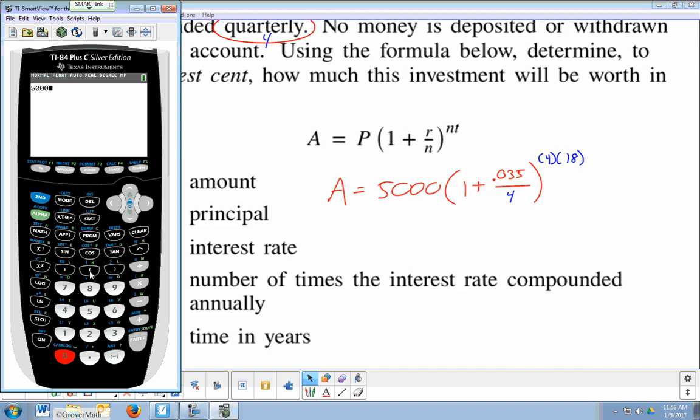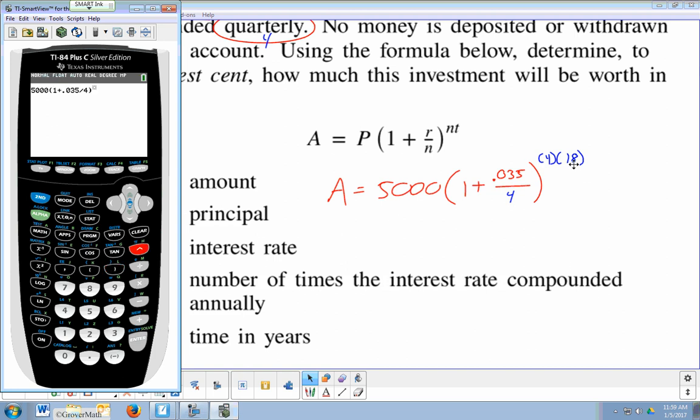So 5,000, parentheses, and then 1 plus, and then here I have a fraction, and I should really have that in its own parentheses as well. But I don't think I'm going to need that in this particular case because with PEMDAS, we multiply and divide before we add and subtract anyway. So the calculator is going to know to divide that before adding it to 1. But I could have it in my own parentheses.